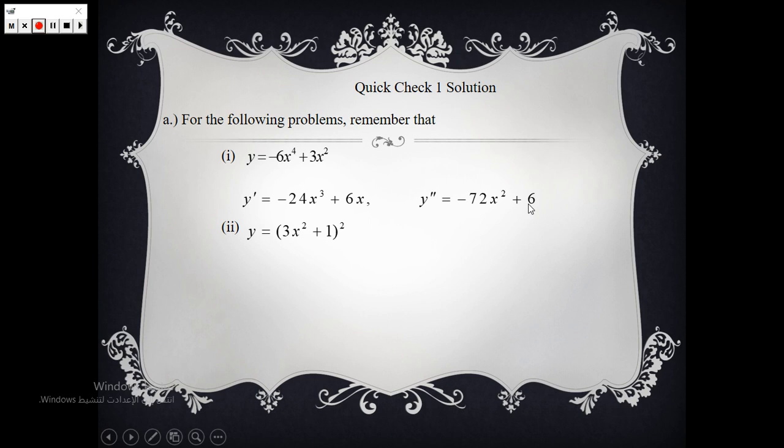The next example, it's different because it's bracket power 2. To find the derivative of y equals 3x power 2 plus 1 all power 2.